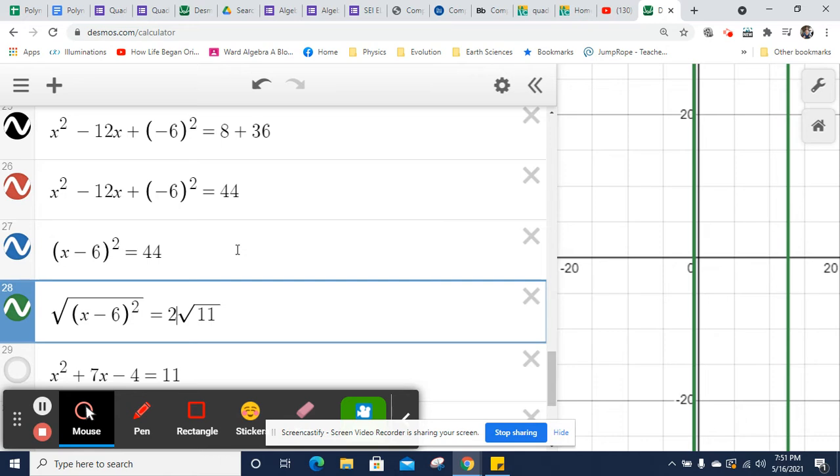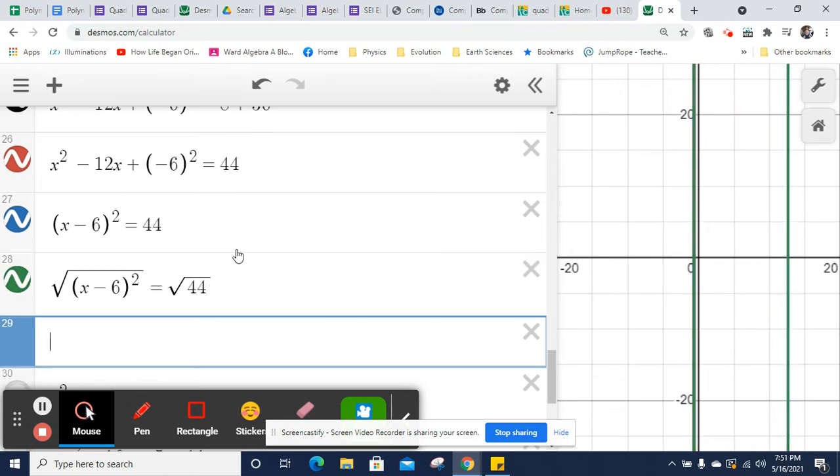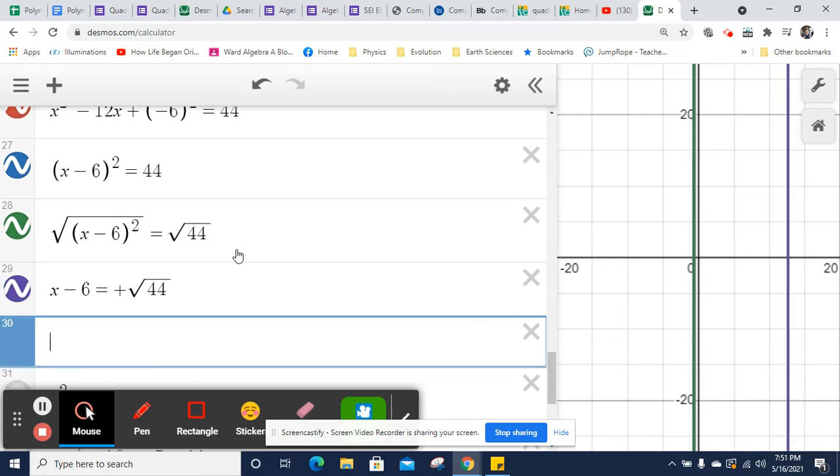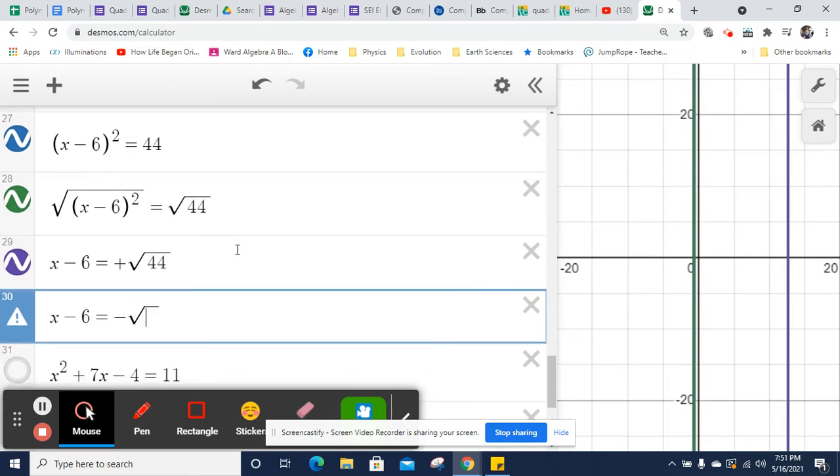Actually, let me do that in the next place. I'm going to just leave that there like this. And then I'm going to get the square root of the left side, which will just be x minus 6 because the square root and the square cancel out. And that's going to equal plus square root of 44, and it'll equal minus square root of 44.